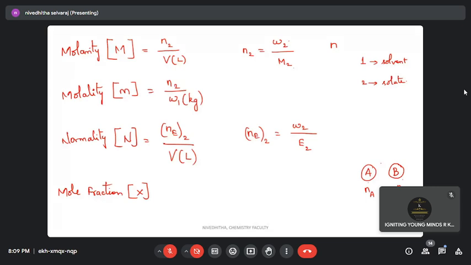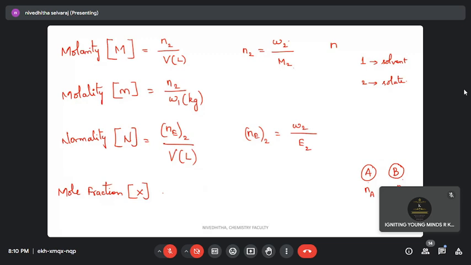So I have 2 components, and for both components I'm going to write the mole fraction. Mole fraction of A can be written as XA, which is equal to, in the numerator you write the solute, so here I write A: number of moles of A divided by total number of moles, which is number of moles of A plus number of moles of B.